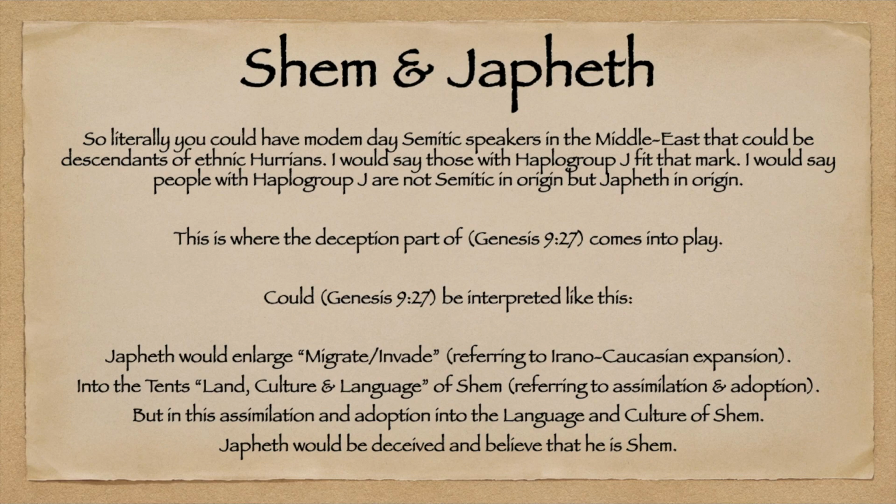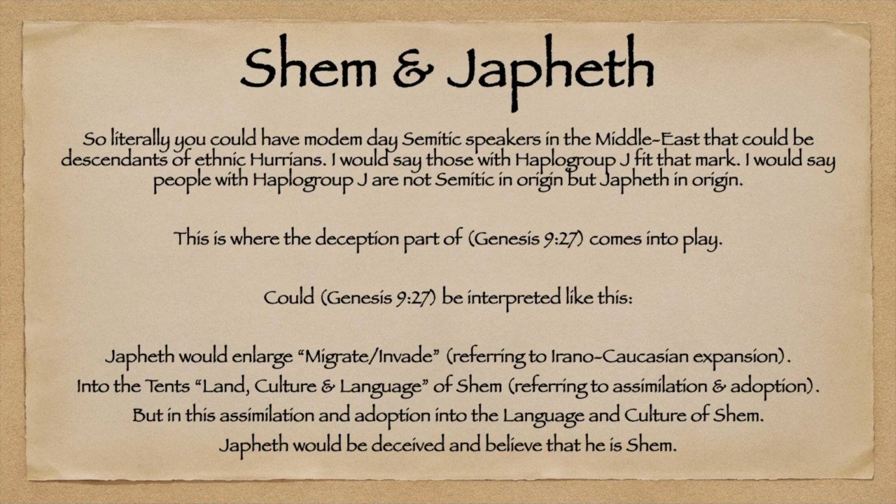Japheth would enlarge, migrate and invade, referring to Irano-Caucasian expansion. And two, dwell in the tents, being the land, culture, and language of Shem, referring to assimilation and adoption. But in this assimilation and adoption into the language and culture of Shem, Japheth would be deceived and eventually believe that he is Shem.